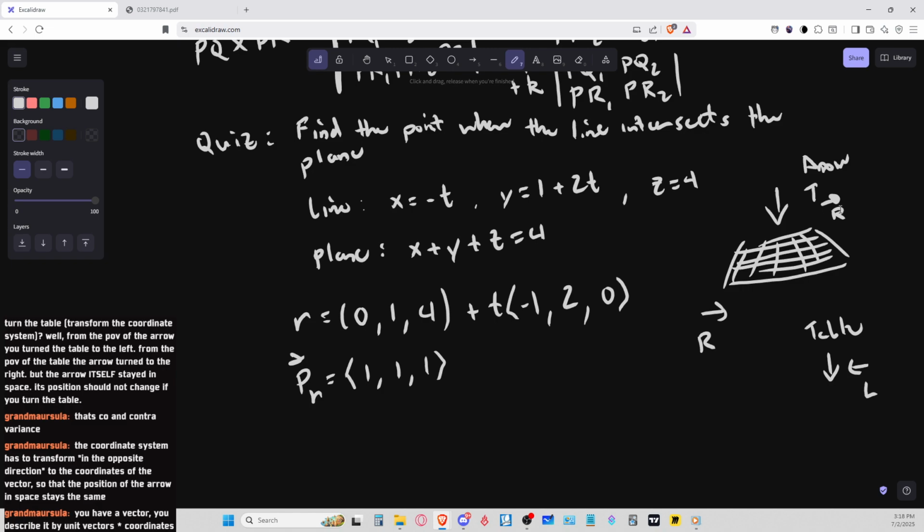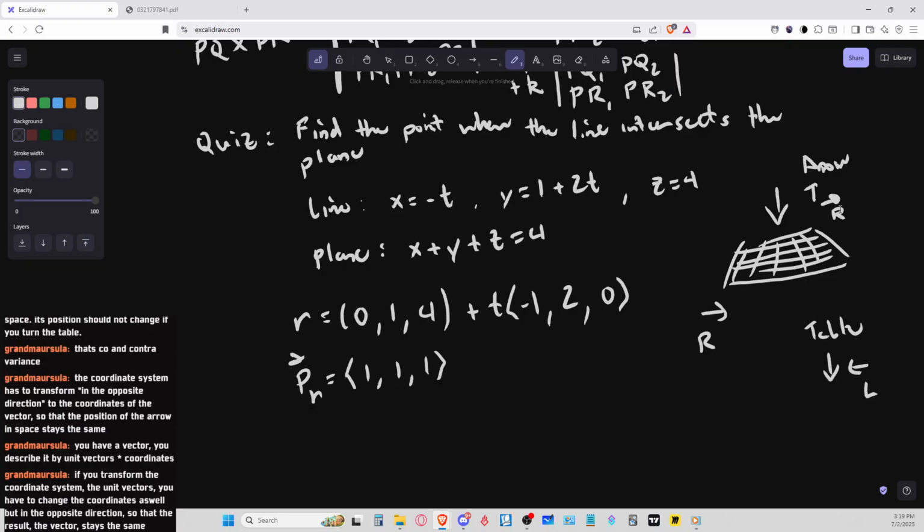You have a vector and you describe it by unit vector components. If you transform the coordinate system, the unit vectors, you have to change the coordinates as well, but in the opposite direction, so that the result, the vector, stays the same.